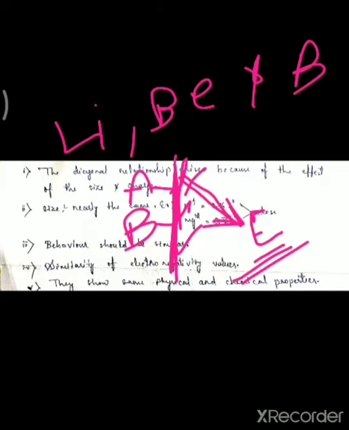This is called the diagonal relationship. In period 2 and period 3, lithium resembles magnesium in certain properties, beryllium resembles aluminum, and boron resembles silicon. So only remember that lithium, beryllium and boron show the diagonal relationship.